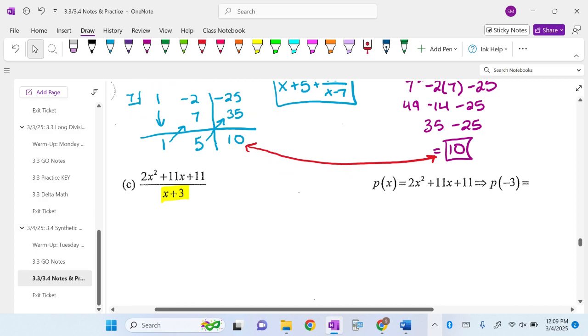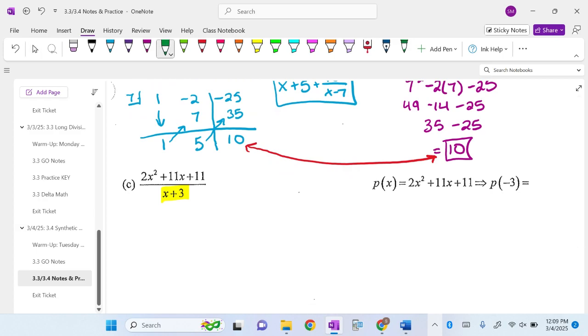All right. So let's see if it holds up 3 times. So letter C. If I set the root equal to 0, what am I putting from my root in my synthetic division? -3. And then I put my coefficients across the top, 2, 11, 11, and then draw my table. All right, guys, walk me through it. First number.